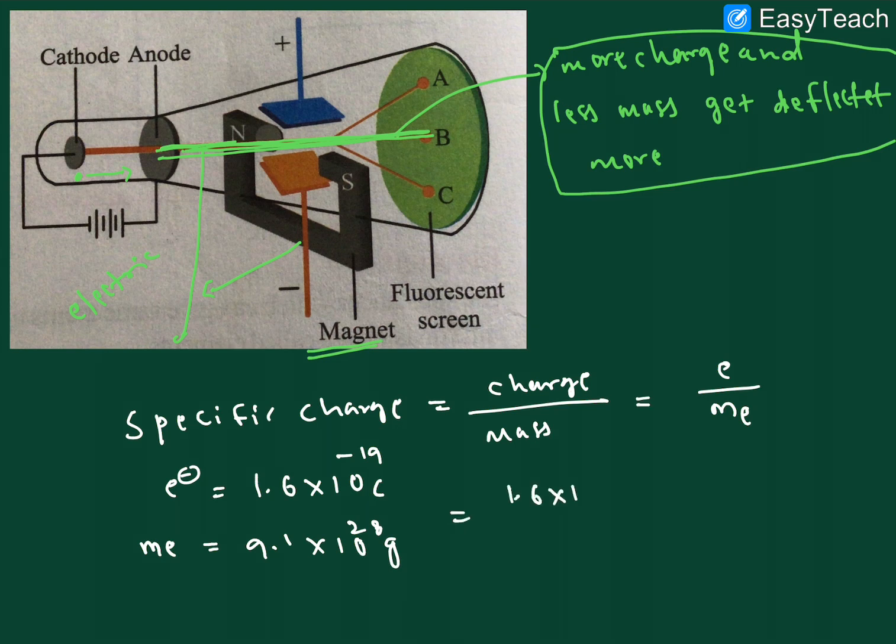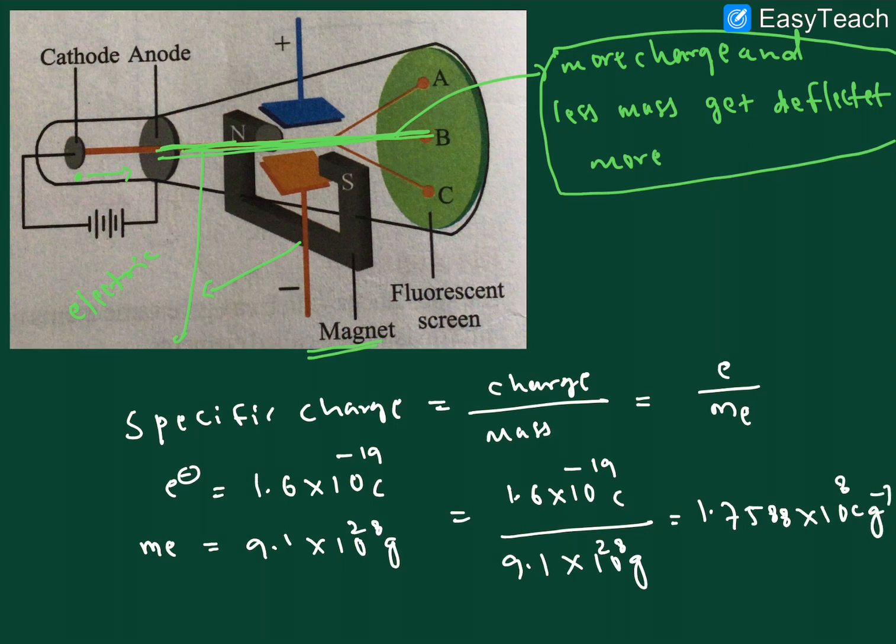So here we can apply these two: 1.6 into 10 to the power of minus 19 coulombs divided by 9.1 into 10 to the power of minus 28 grams. That equals 1.758 into 10 to the power of 8.